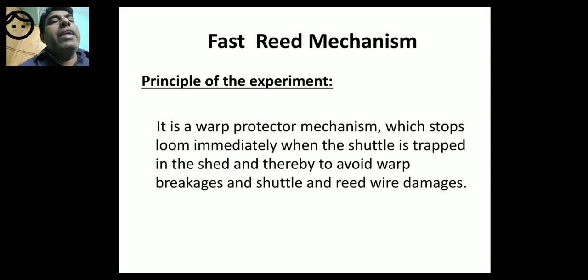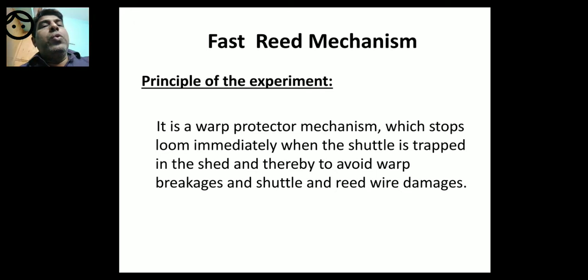It is a warp protector mechanism. What does it do? It will stop the loom immediately when the shuttle is trapped. When will the loom stop? The loom is stopped when the shuttle trap occurs.